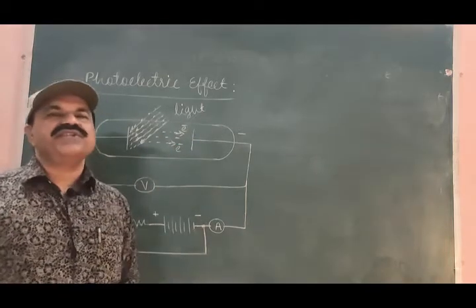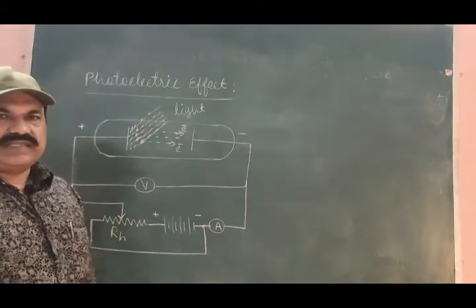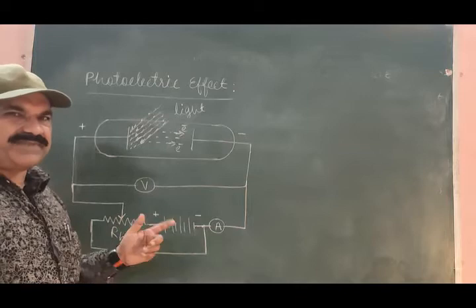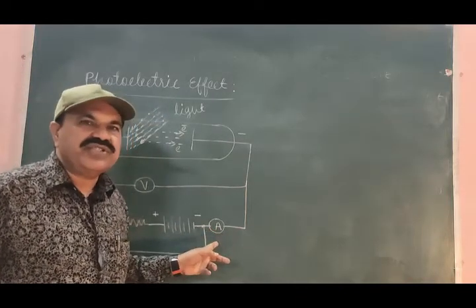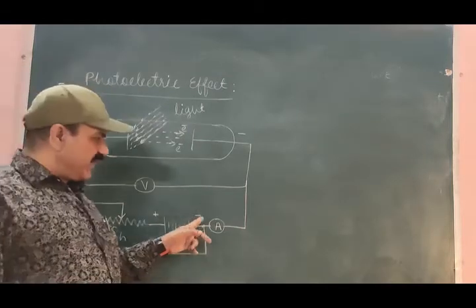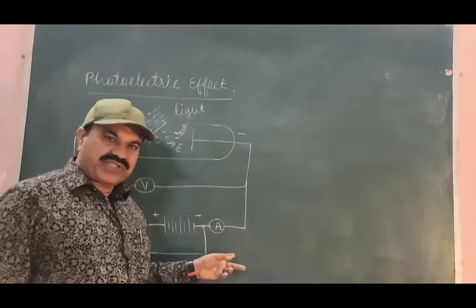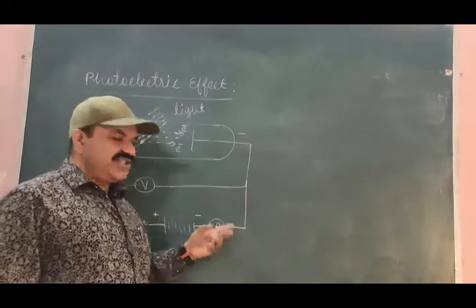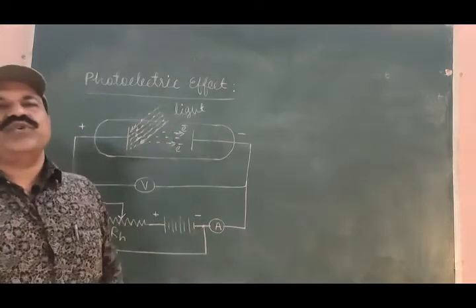Therefore, current is shown by the ammeter. In practice, while you were performing this experiment, in place of the ammeter, what did you use? You used the ballistic galvanometer. Here it is shown as ammeter, but in practice we have used a ballistic galvanometer. This is used to measure the current flowing because of this photoelectric effect.